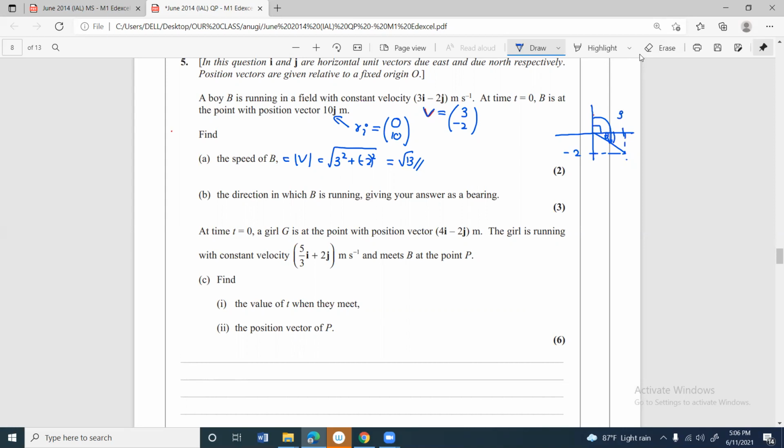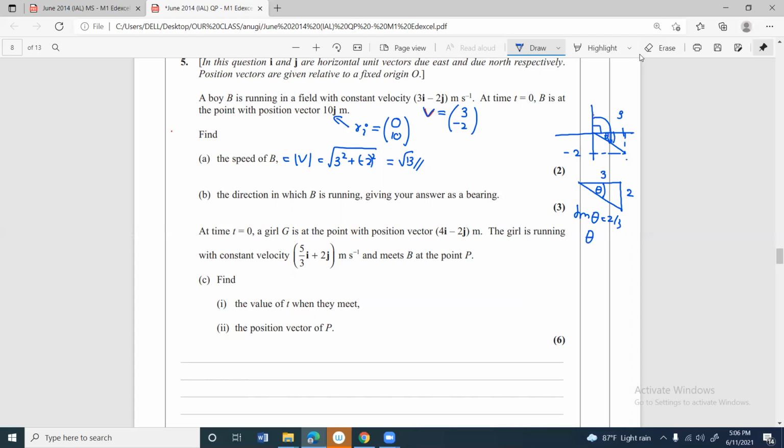So I'll just do it here. If you draw a triangle over here, this is the angle we need to find. This is 3 and this is 2. No need to consider the negative, because we need only the angle. So tan theta equals 2 over 3.